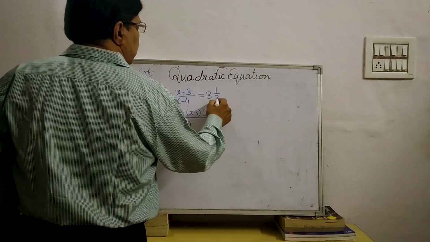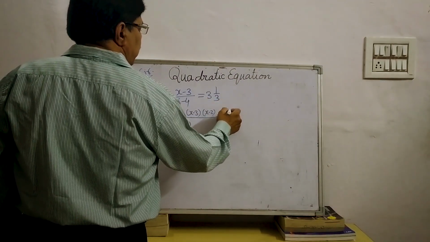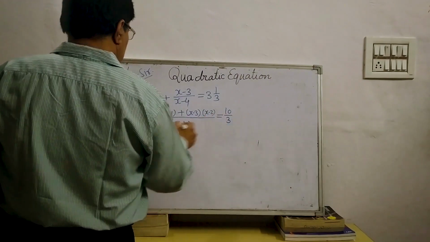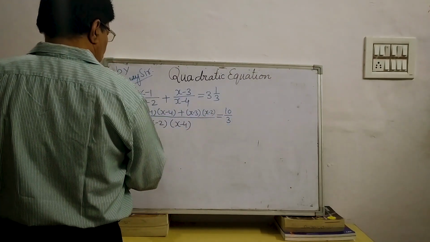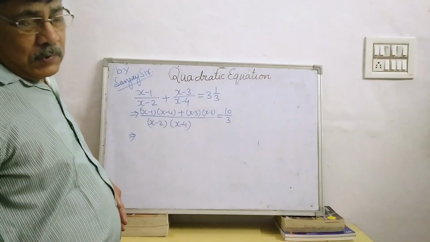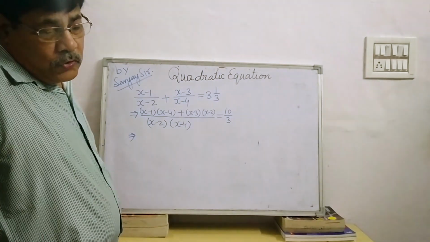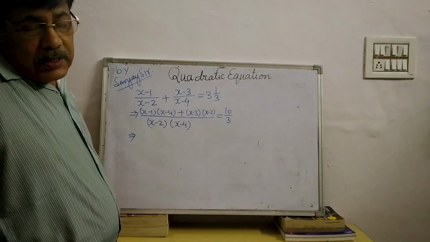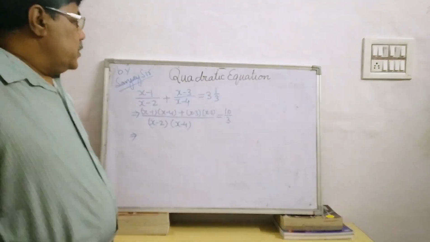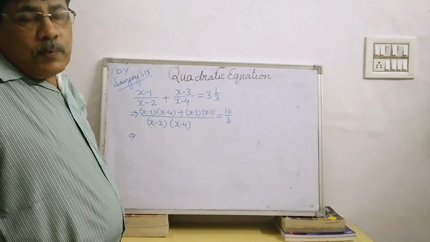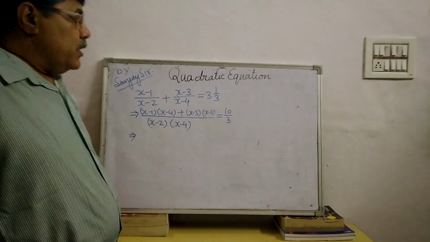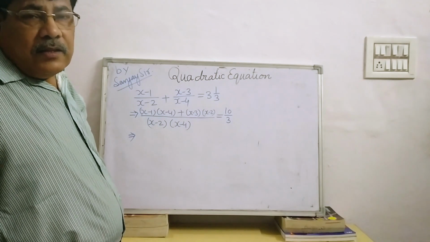And 3 3s are 9 and 1, so 10 by 3. So till here it is clear to you all? Any problem? No. So (x - 1)(x - 4) + (x - 3)(x - 2) upon (x - 2)(x - 4) equal to 10 by 3.